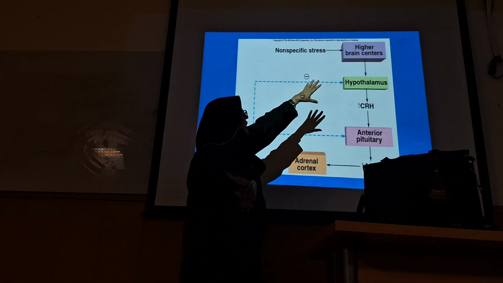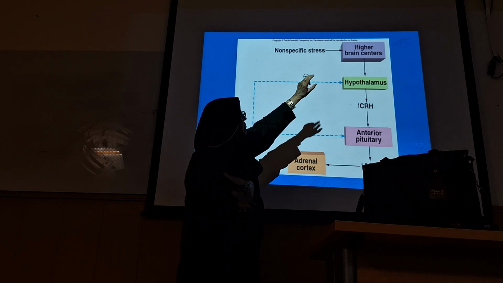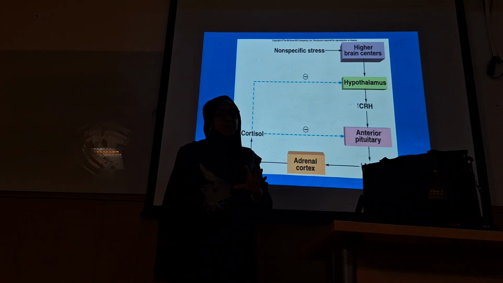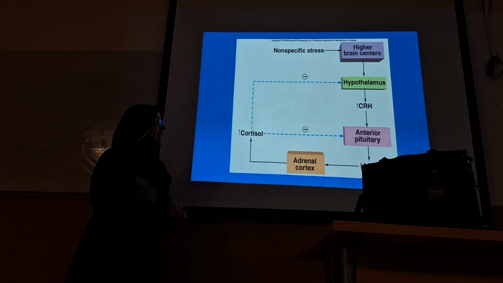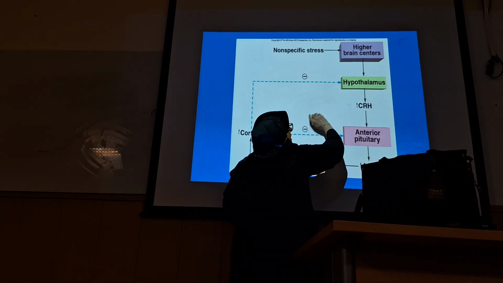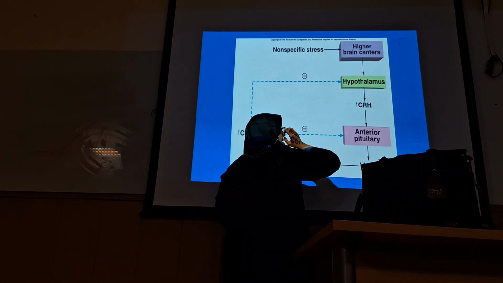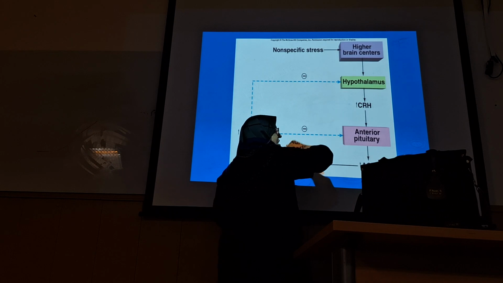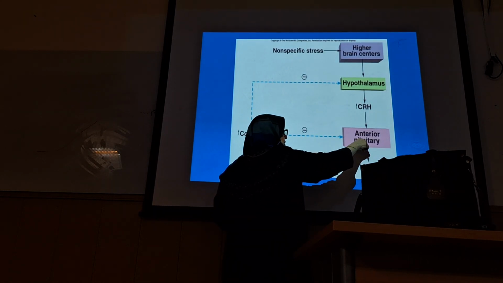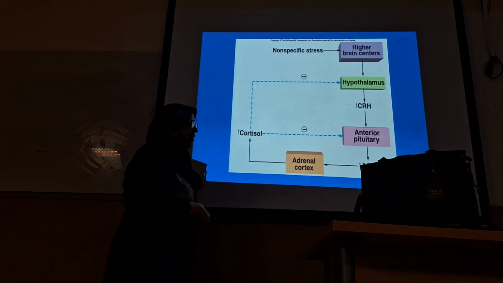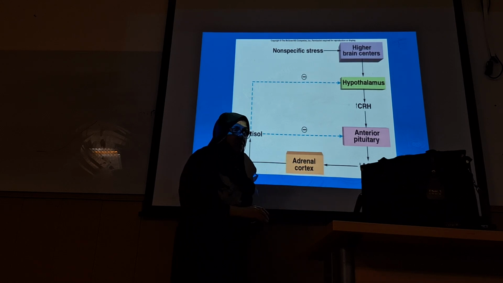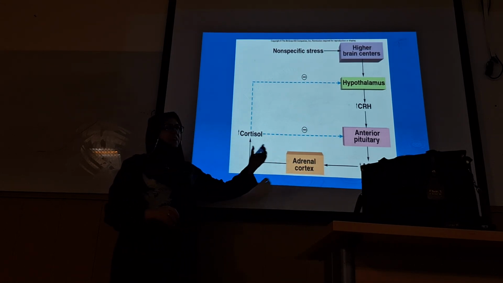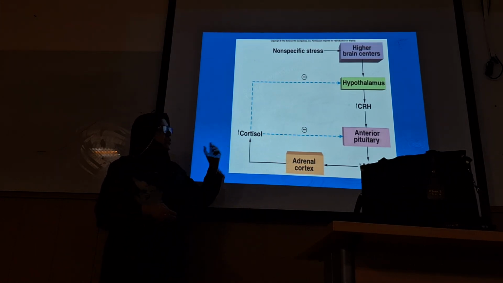Okay? From higher brain centers, many hormones may be released and affect the hypothalamus. The hypothalamus releases CRH, which affects the pituitary gland. The pituitary releases ACTH, which has receptors on the adrenal cortex, and cortisol is released.